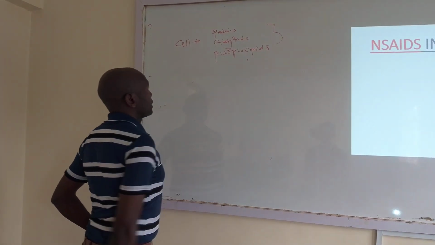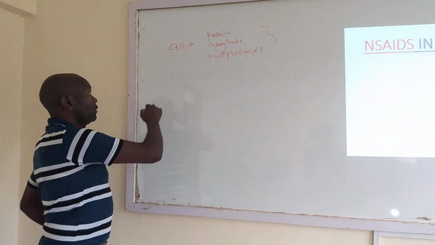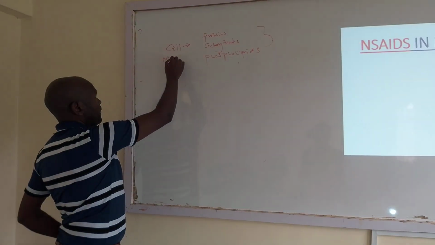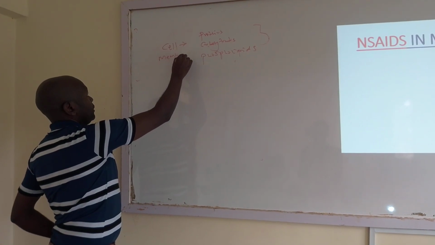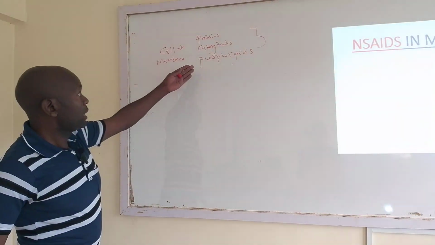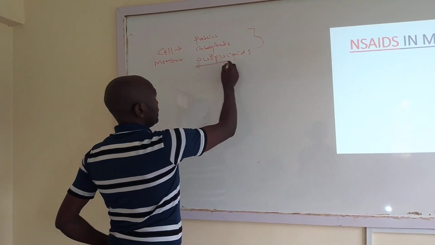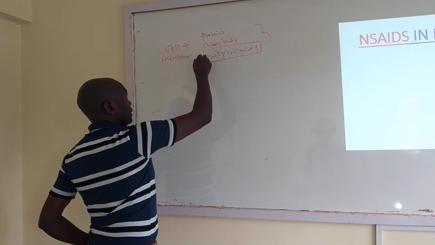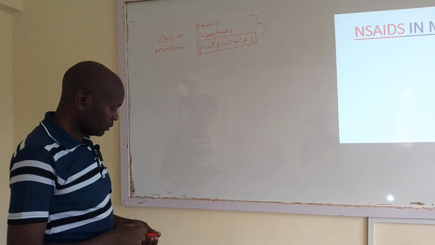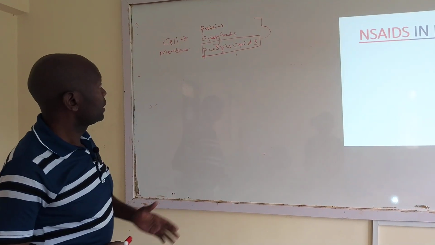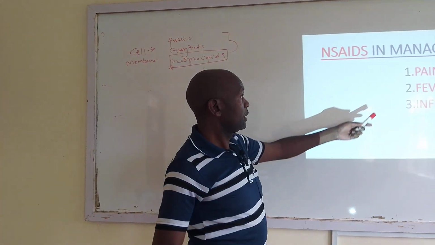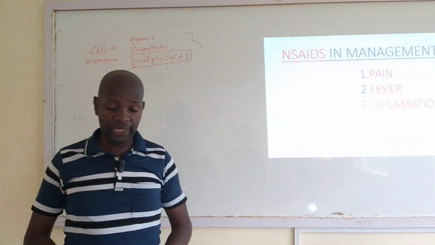So these are some of the structures that form the cell membrane. So the cell membrane has these components. We shall look at this component here when it comes to injury and how pain comes about.